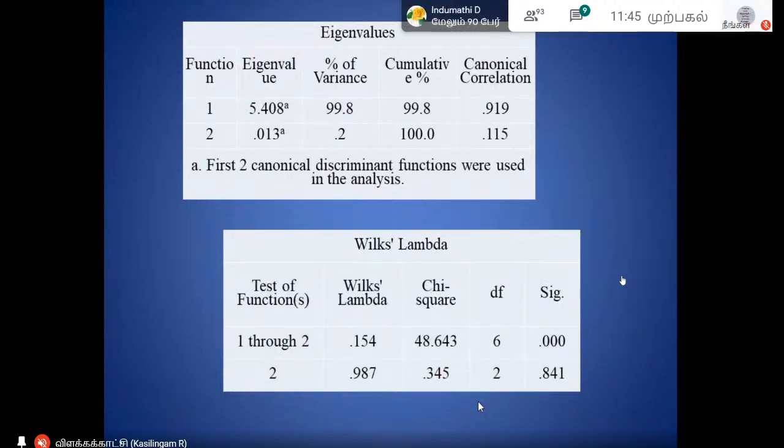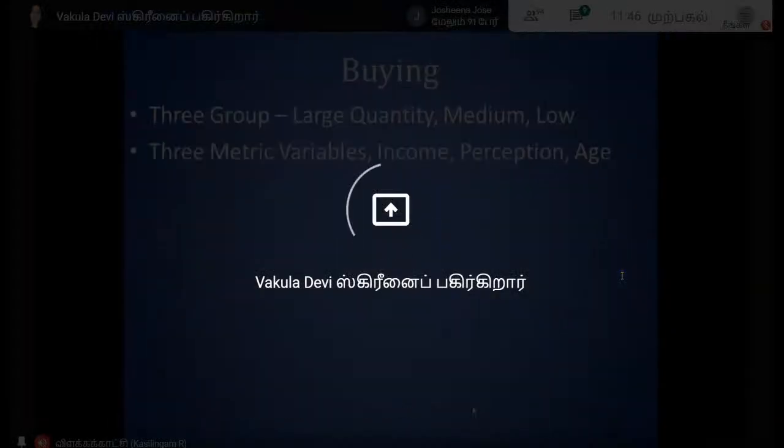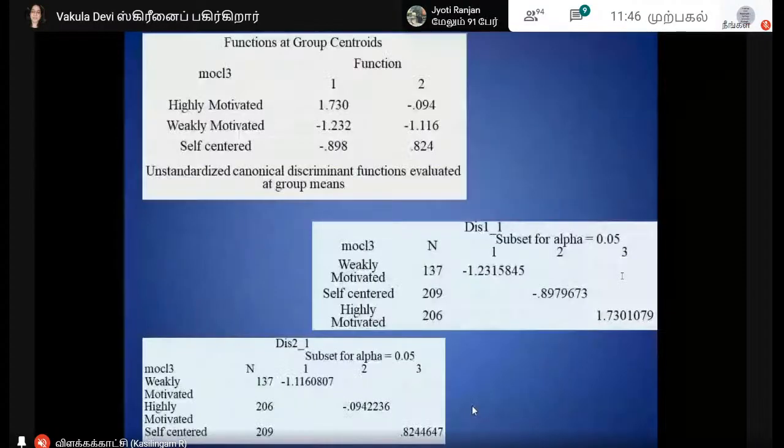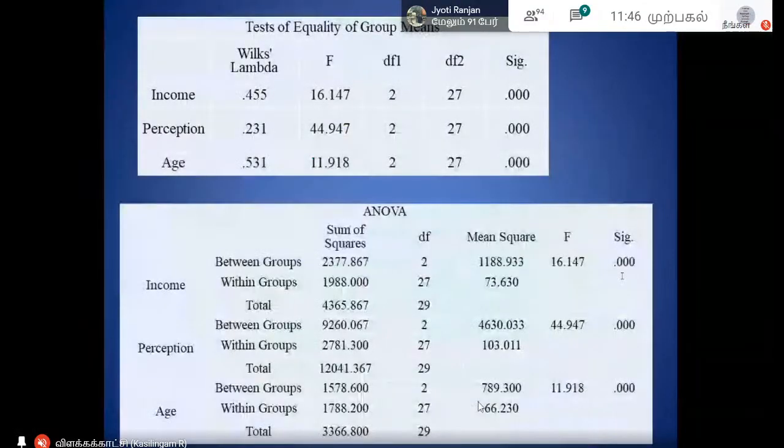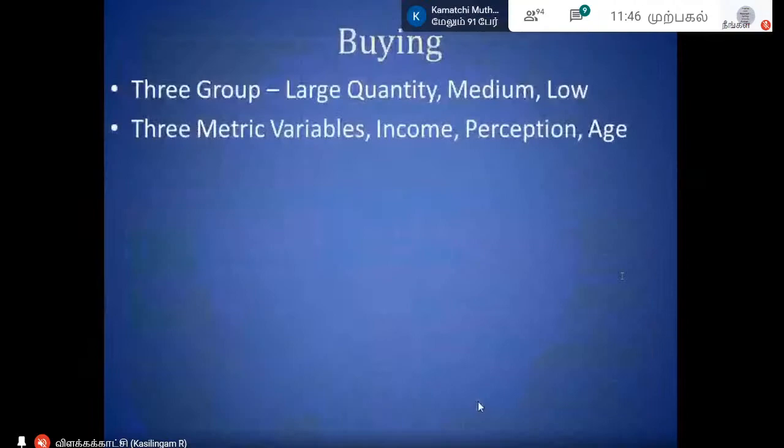So I have calculated 1 through 2, that is, canonical correlation of 1 into canonical correlation of 2. For function 2 it is given alone, and for 1 it is 1 through 2.